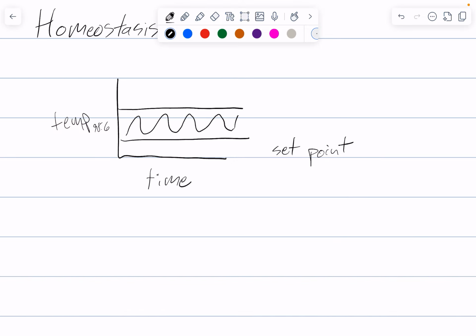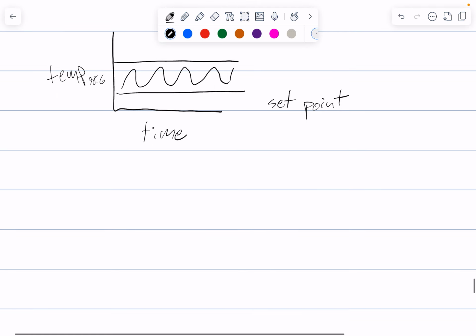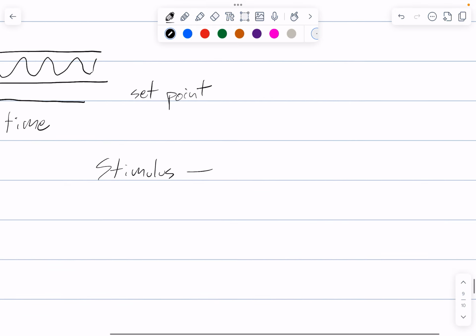And with these feedback loops, there's different things that are associated with it. For example, a stimulus is what signifies that there is need for a change or something that causes the change. For example, let's say this is a hot burner.